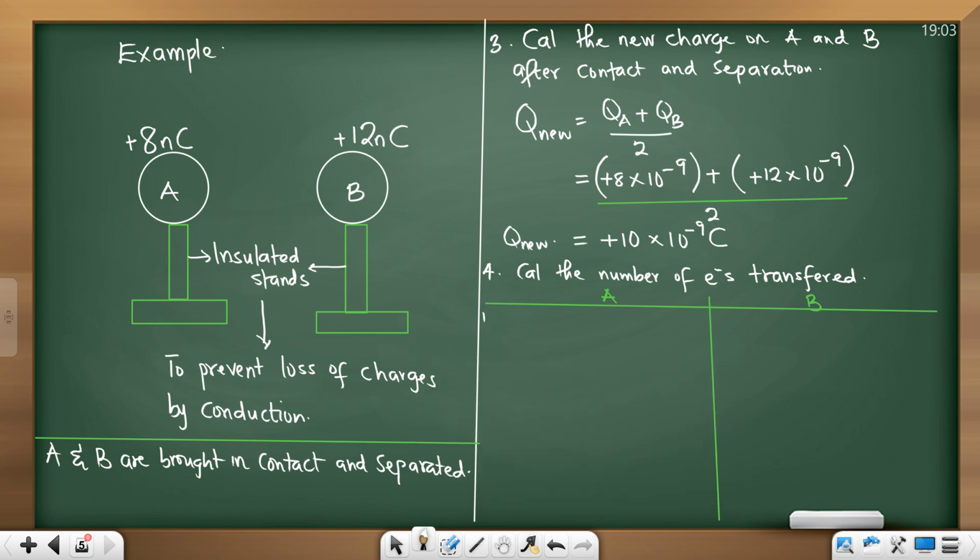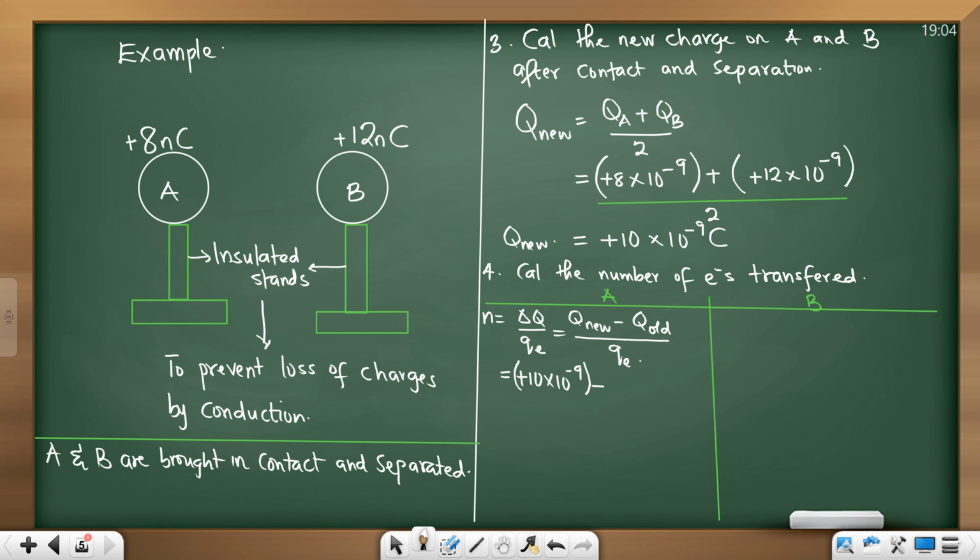So we said N equals delta Q over Q_e. So we're using A. Remember what I said my delta Q is? Q new minus Q old over the charge on an electron. So what's our Q new? It is positive 10 times 10 to the power negative 9 minus, what is the old value of A?